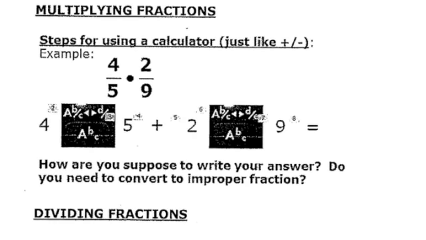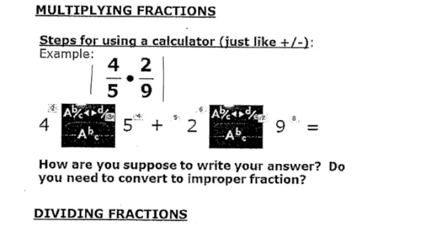Okay, so the first thing I want to teach you is how to multiply fractions with your calculator. So let's say you had this example right here, 4/5 times 2/9. There's a couple of different ways to do this, and I'll teach you by hand later on, but for right now we're going to teach you with the calculator. We're going to use that same button that we used in the last lesson.